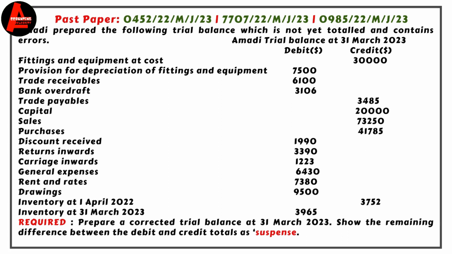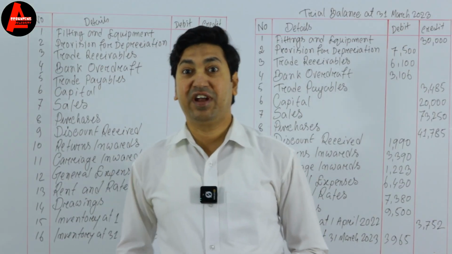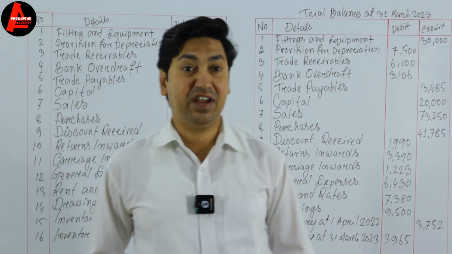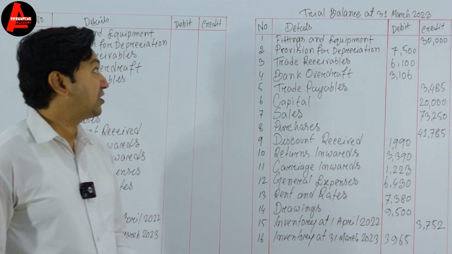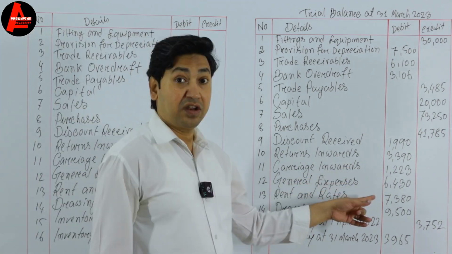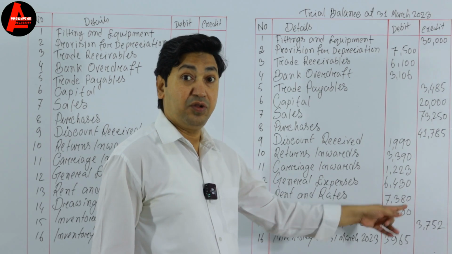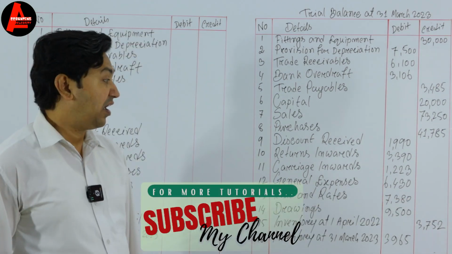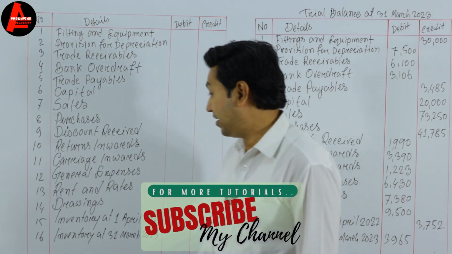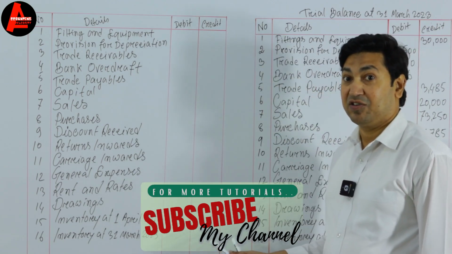Show the remaining difference between the debit and credit totals as a suspense. So we will figure out the suspense account. What is the difference between the debit column and the credit column? We will find out and write it here as a suspense account.